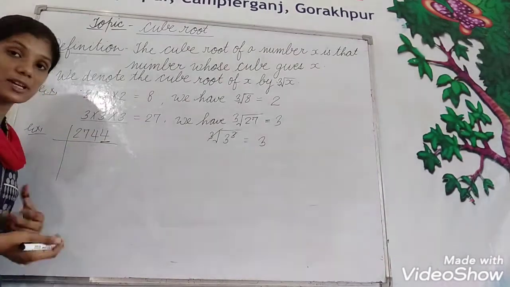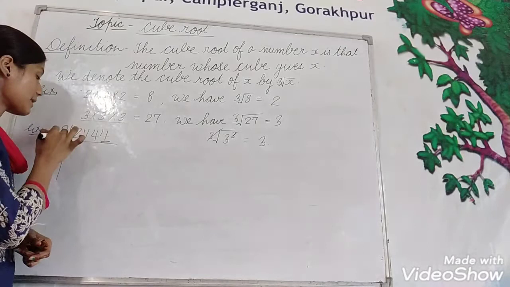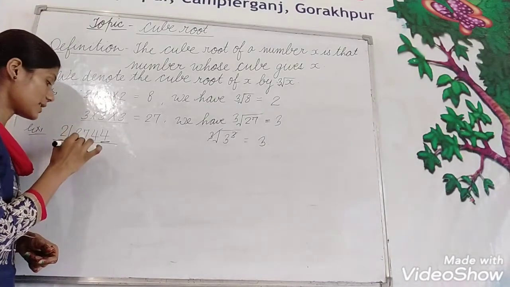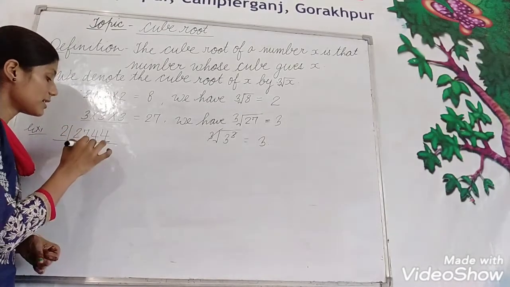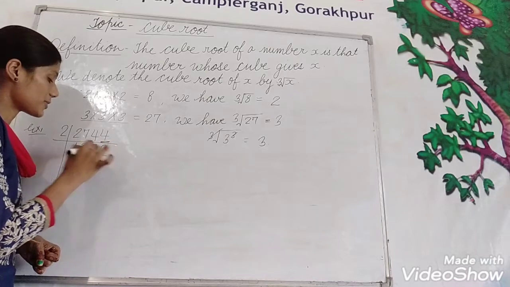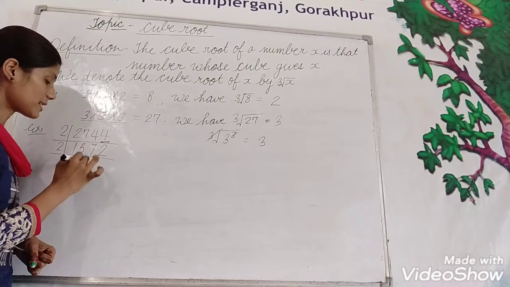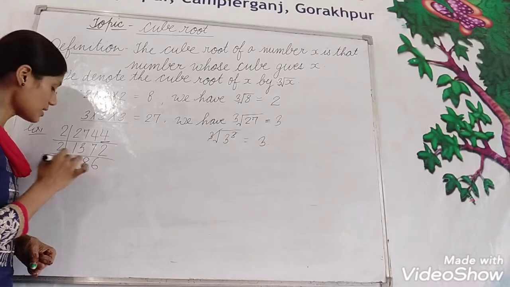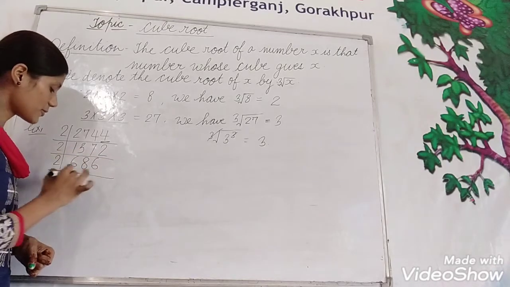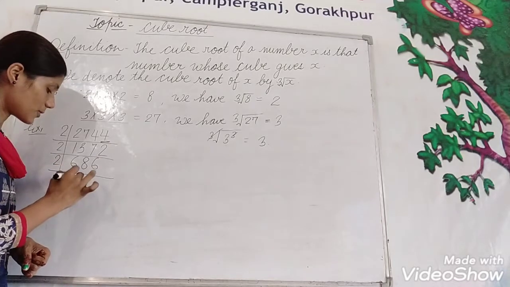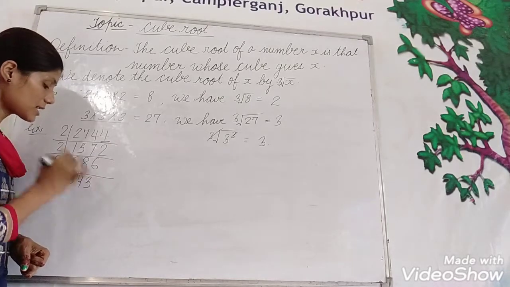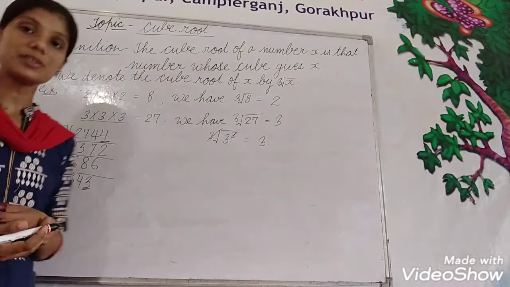Your ones place number is 4. That means this number is divisible by 2. 2 ones are 2, 2 3s are 6, 2 7s are 14, and 2 2s are 4. 2 6s are 12, 2 8s are 16, and 2 6s are 12. Again 2 3s are 6, 2 4s are 8, 2 3s are 6.